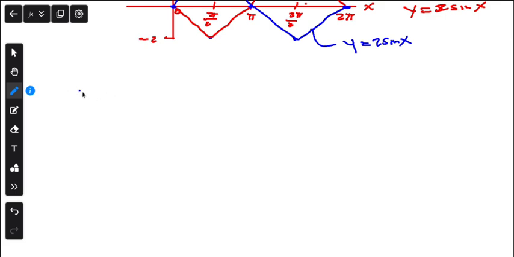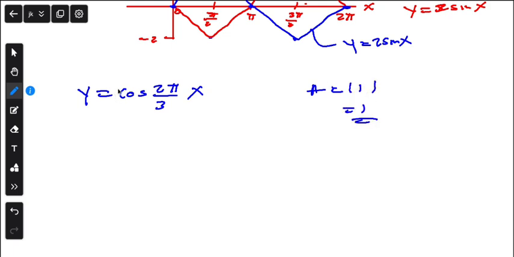Right, so we have y equals cos of 2 pi divided by 3, then x. So finding the amplitude here is 1. The coefficient here is 1, isn't it? Finding the period, we have 2 pi divided by 2 pi divided by 3.